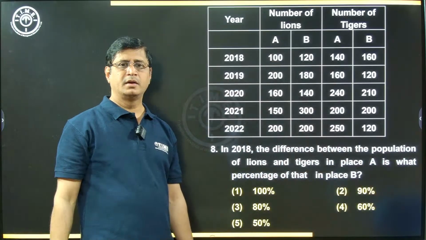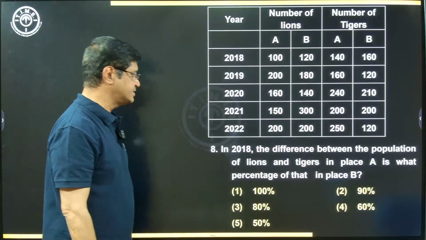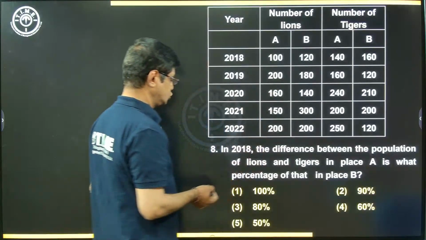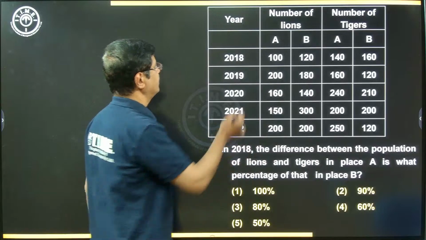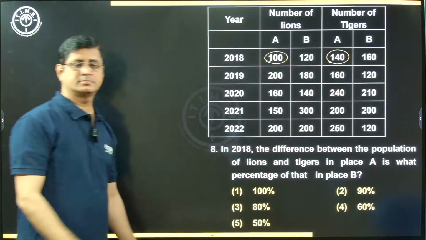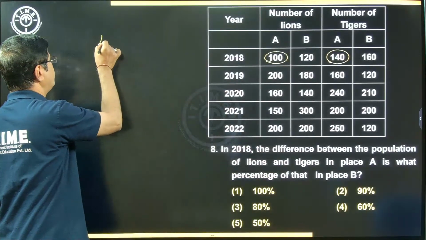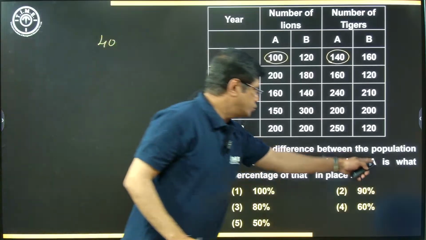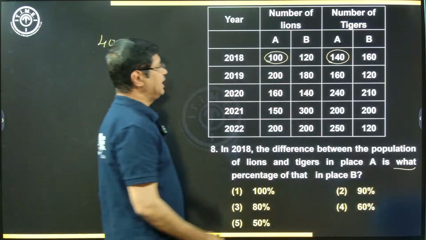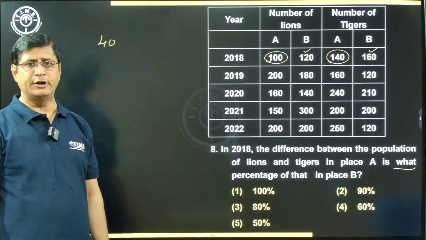Next example. In 2018, the difference between the population of lions and tigers in place A is what percentage of that in the place B? 2018, lions and tigers from the place A: 100 and 140. The difference is 40. Now look at the place B. What is the difference here? 160 and 120.